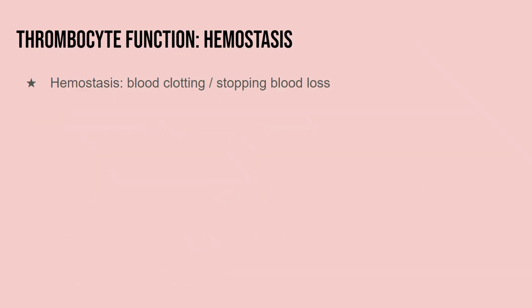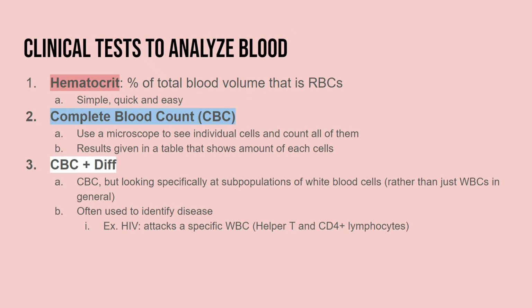So we've talked about hemostasis, blood clotting. Here are some clinical tests to analyze blood. You have the hematocrit, which is the percent of total blood volume that's red blood cells. This is a very simple, quick, and easy test. And then you have complete blood count.